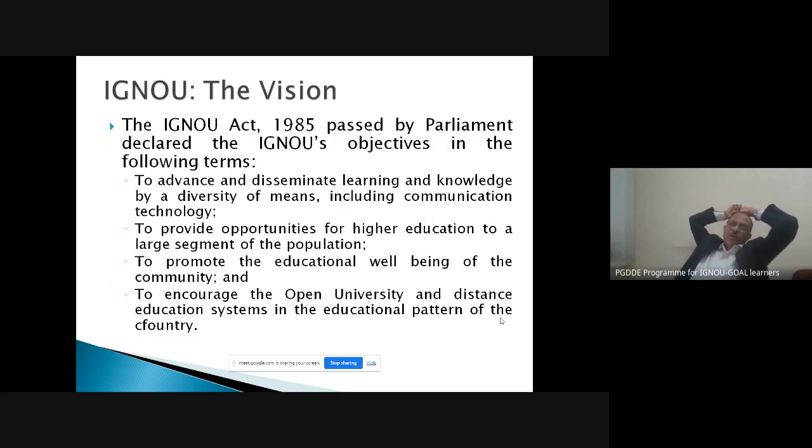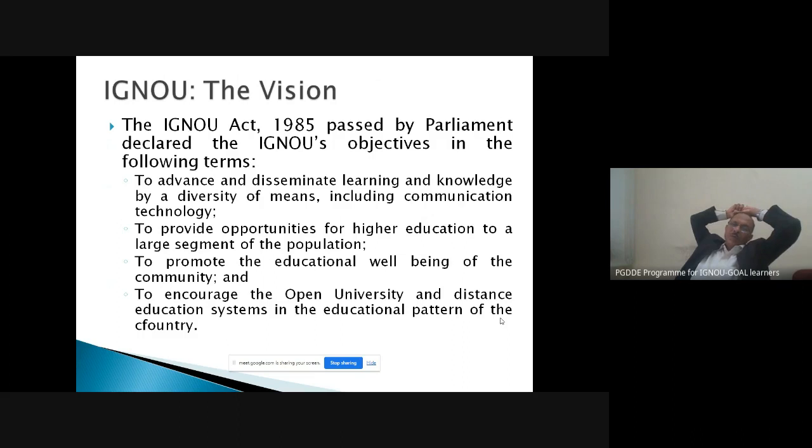To provide opportunities for higher education to a large segment, that's the key objective of why this university was established: to provide higher education to larger groups, including mainly the disadvantaged or marginalized sections. To promote the educational well-being of the community, that's another objective.